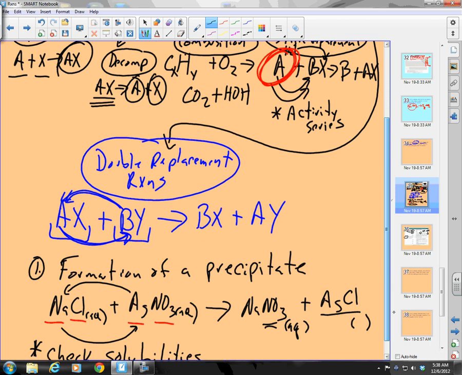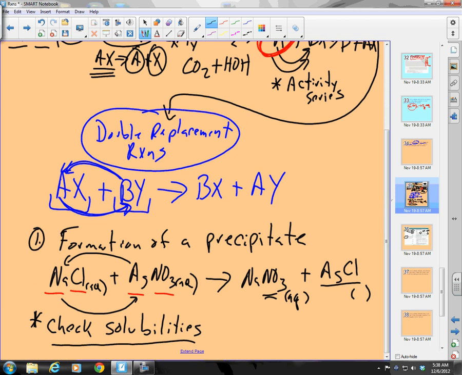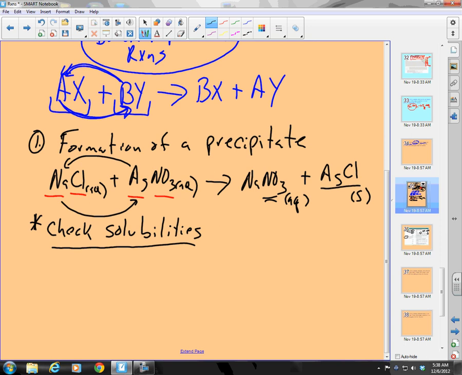Got it. Okay. So, Mr. Smith, are you telling me I really need to know that solubility table and memorize it? Yes. I'm telling you, you really need to know that table and memorize it. Because there's a funny thing, folks, with my double replacement reactions with this formation of a precipitate. If I have an aqueous plus an aqueous, and it yields an aqueous plus an aqueous, you know what we call that?